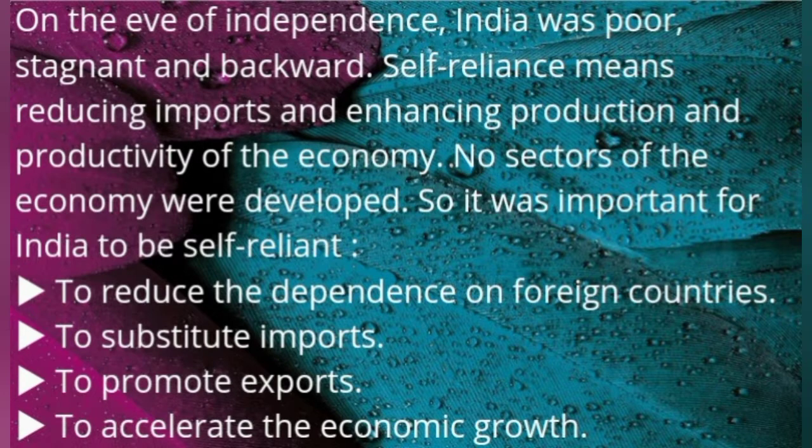No sectors of the economy were developed, so it was important for India to be self-reliant, to reduce the dependence on foreign countries, to substitute imports by domestic production, to promote exports to earn maximum foreign exchange earnings, and to accelerate the economic growth. So these were the needs why India must be self-reliant.